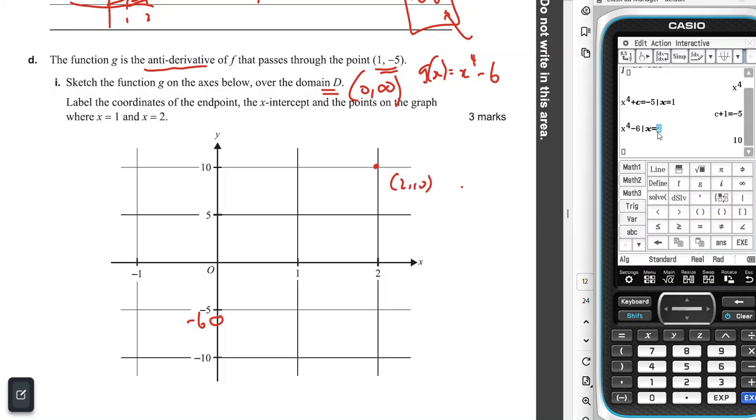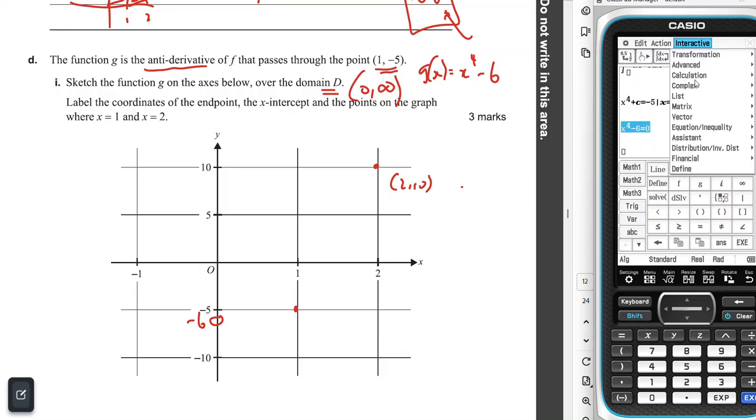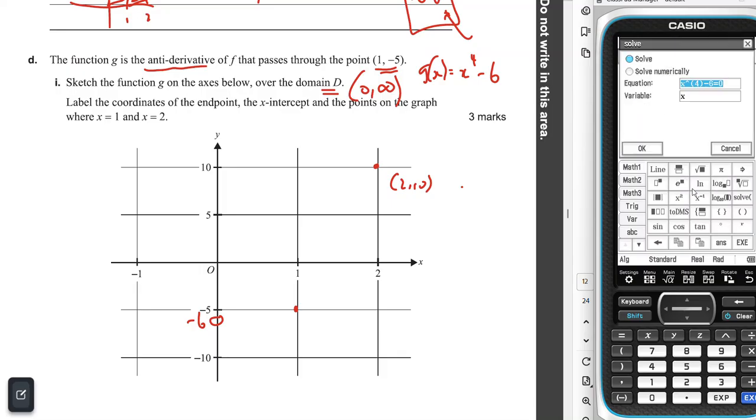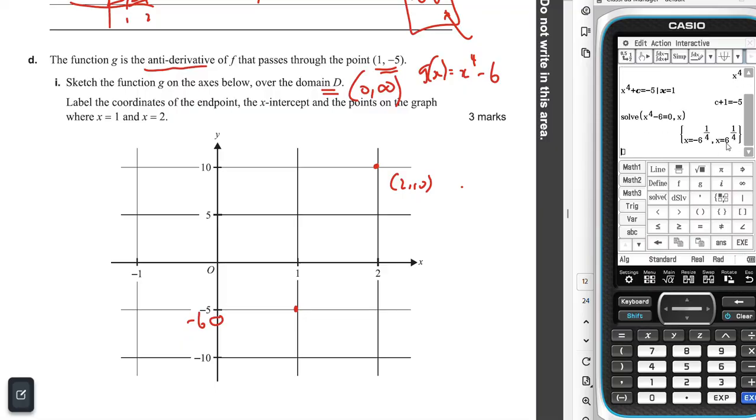And x equals 1, it's -5. And if it equals 0, I want to solve for x to find the x-intercept. I get the fourth root of 6.